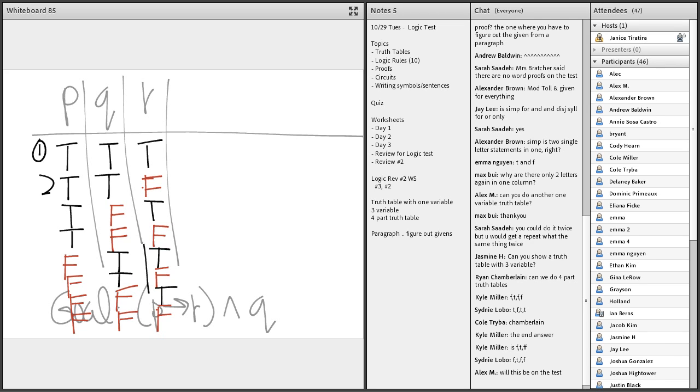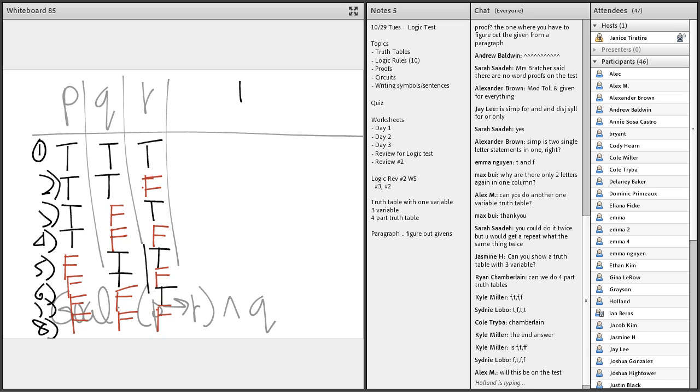So we have 8 situations, not 4, because we threw in another variable. We have 3 variables, there will be 8 scenarios. If you have 4 variables, you'll have 16 situations.